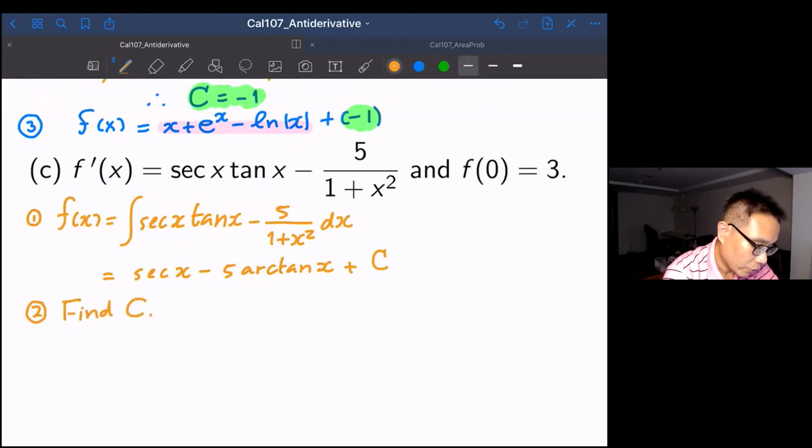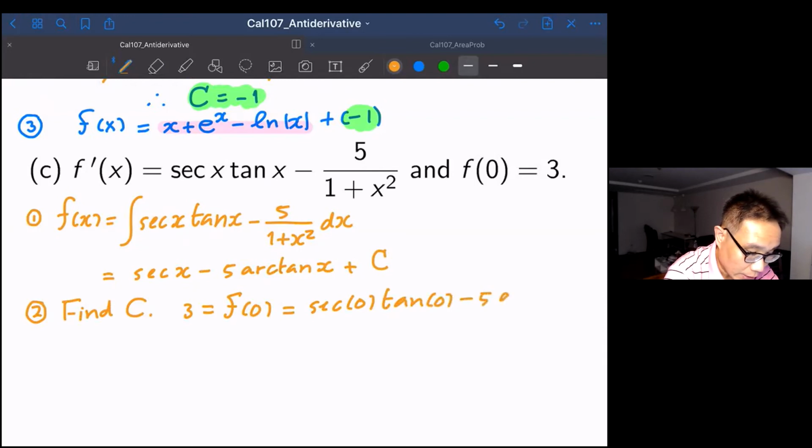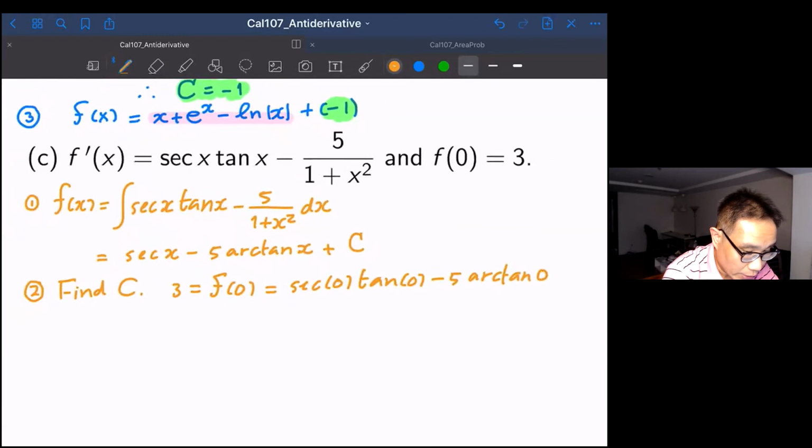The second step, you're going to find c. You just use f of 0 equal to 3 and you plug in sec 0 minus 5 tan 0 plus c.